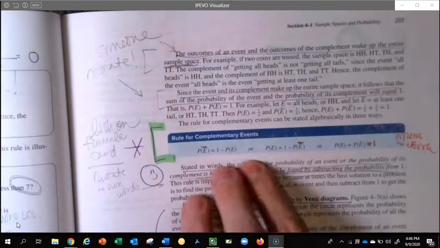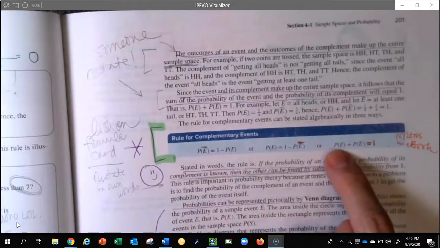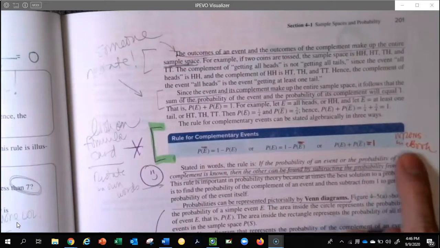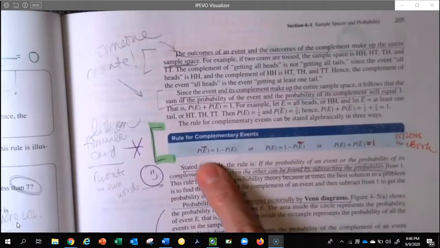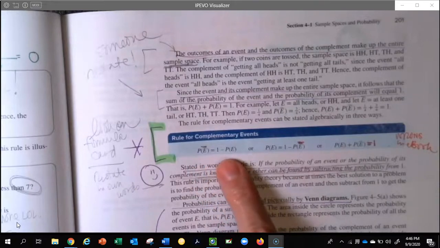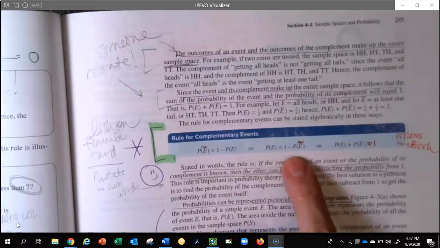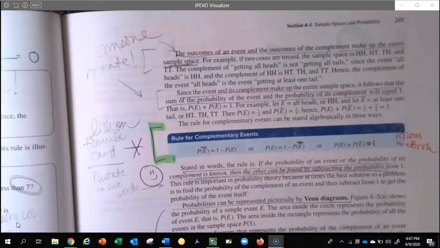Then here on this page, it plays around a little bit more. It says, you know, you can also say that the two of them added up is that one whole. And I put in here that it's wrong in the ebook. So when you're looking at the ebook, make sure that you match what I have here, that the probability of the E-bar is 1 minus the probability of the event, or the probability of the event is 1 minus the probability of E-bar, and then the sum of them would be 1.